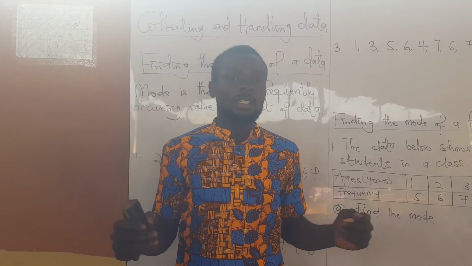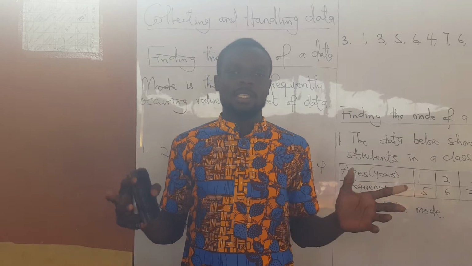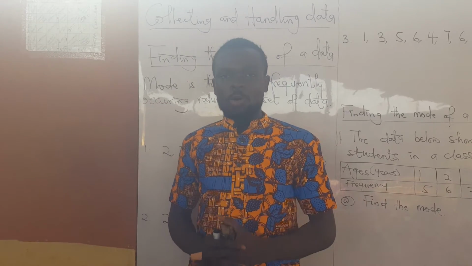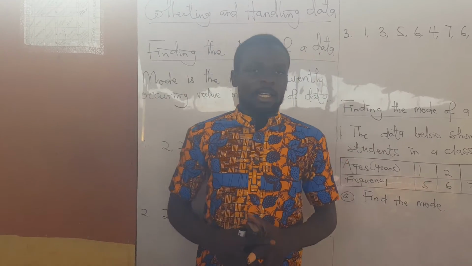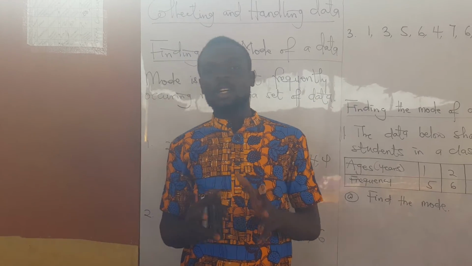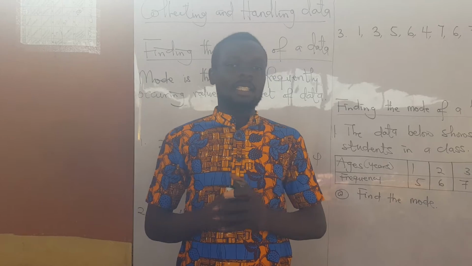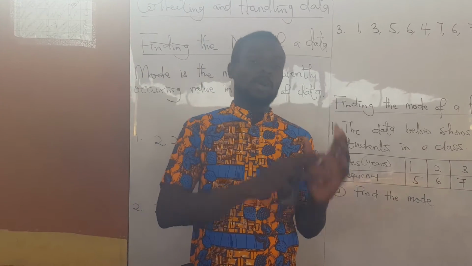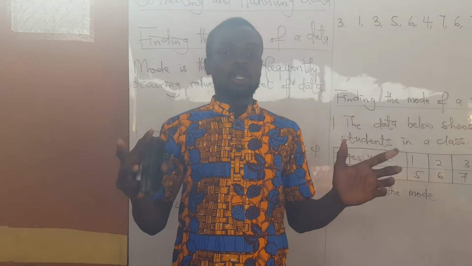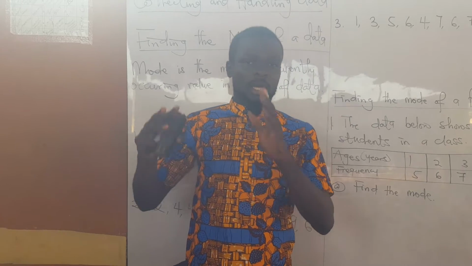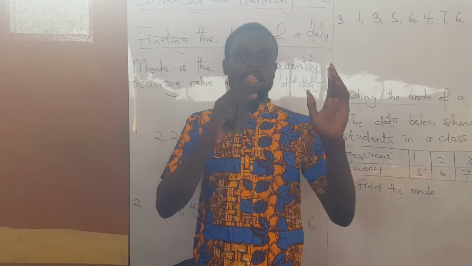Today we want to look at a new topic, which is collecting and handling of data. When it comes to the collecting and handling of data, we have to look at how to collect data and form a frequency table with it. But we want to look at how to calculate the mode, median and the mean.